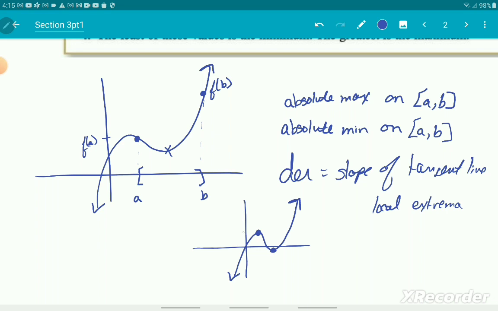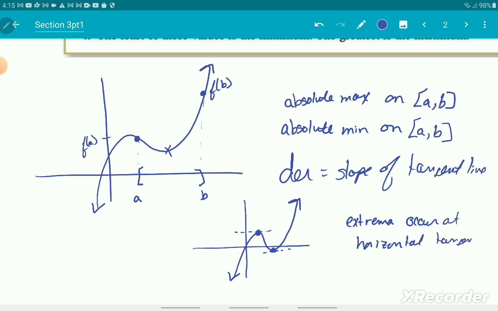So anytime that happens, you're going to have a horizontal tangent line. So really, extrema in general occurs when we have a horizontal tangent line, which means that that derivative has to be equal to 0.